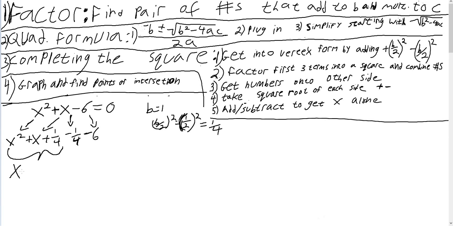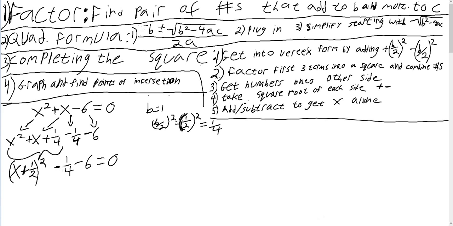This is going to come out to x plus 1 over 2, whatever b over 2 is. That way, when we multiply this half times itself, we get 1 over 4, and when we add them, we get 1. So this comes out to x plus a half squared minus 1 over 4 minus 6 equals 0.